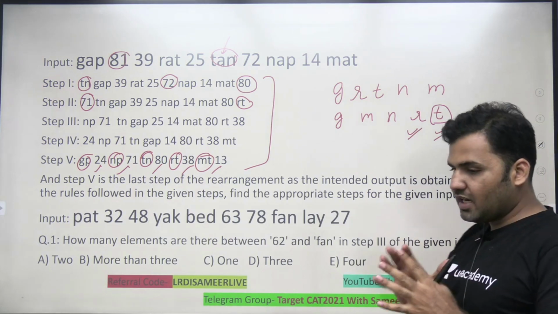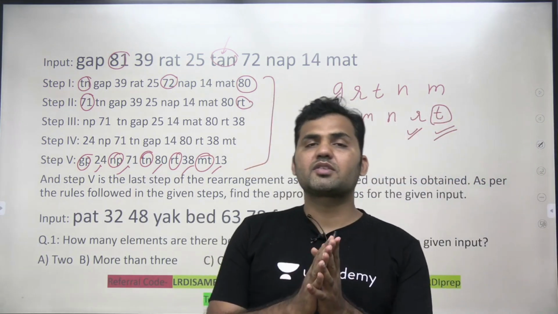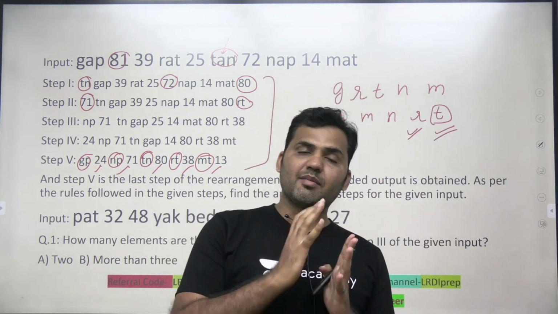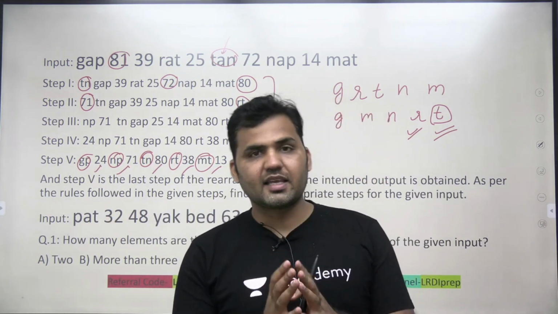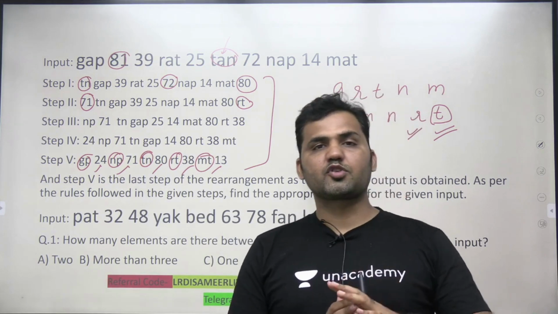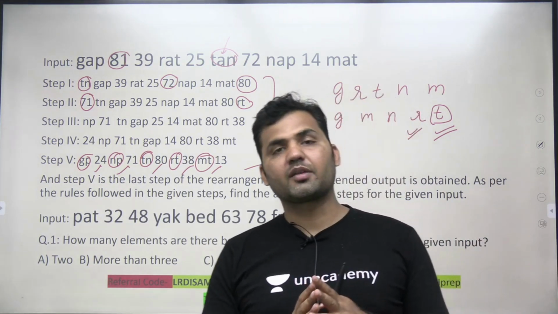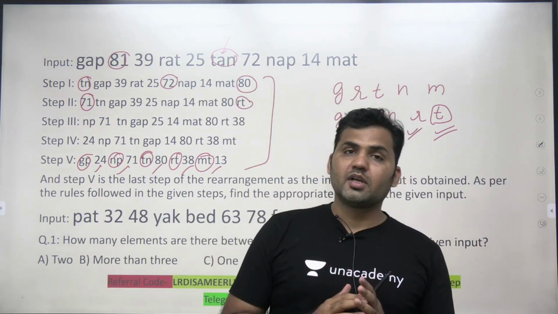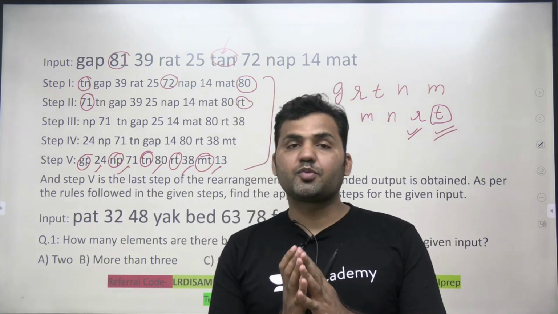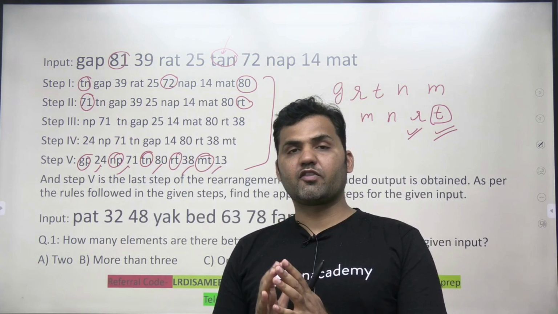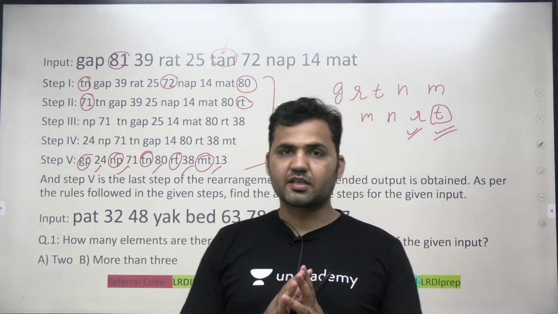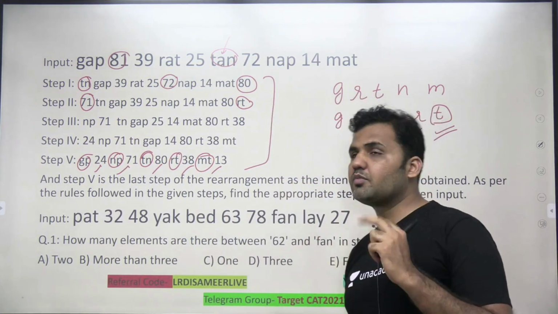I know that in one particular step, the highest number is taken on the right-hand side, and the largest alphabet is taken on the left-hand side. This is step 1. And then in step 2, the second highest number is taken on the left-hand side, and the second highest alphabet is taken on the right-hand side. So in one step I need to move 2 elements.